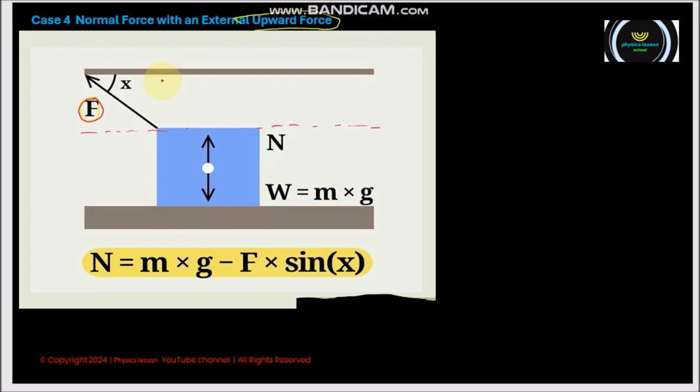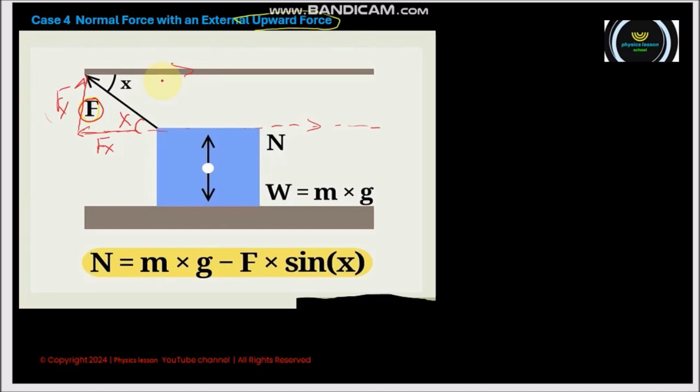Now this surface is parallel to this surface. In your mathematics, this angle is equal to this angle, let me say x. This is the horizontal, this is the vertical. We decompose: for the horizontal we have Fx, and for the vertical we have Fy.